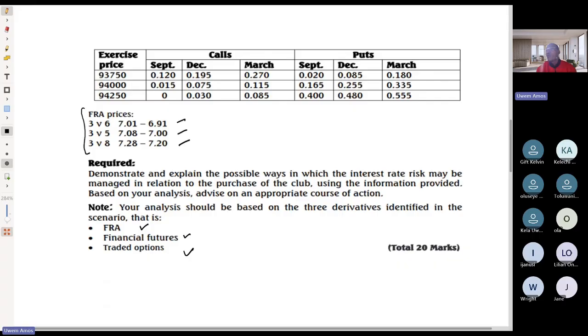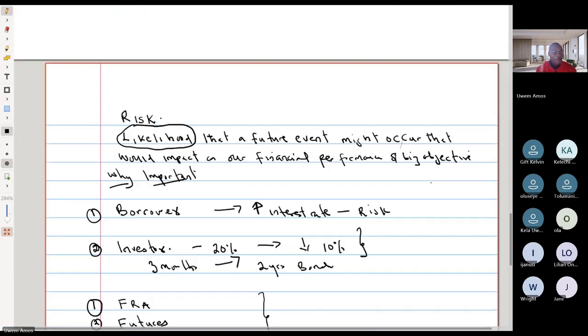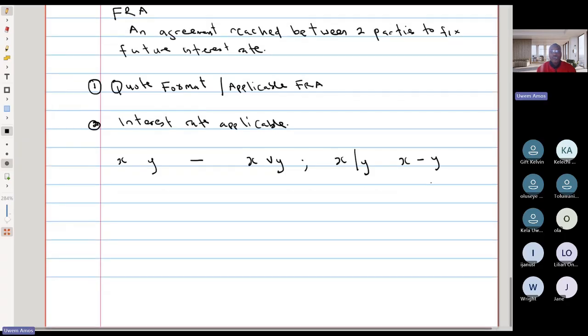So we know what we're going to go for to protect ourselves as Mr. Big Heart. Now the first number, which is X, is the start month of your loan or investment from today.